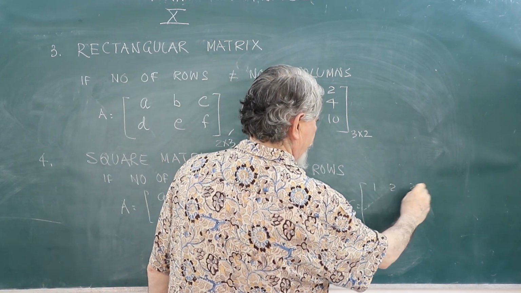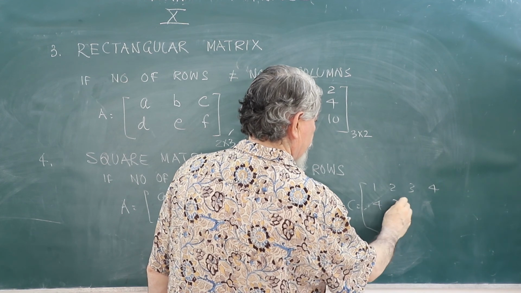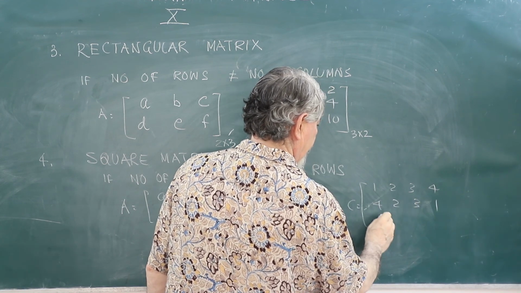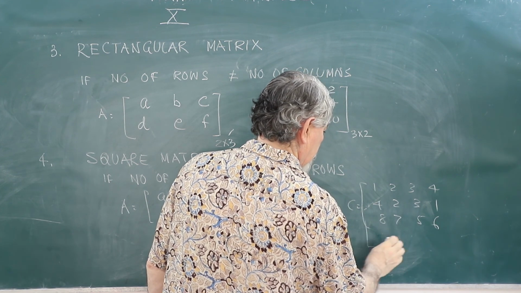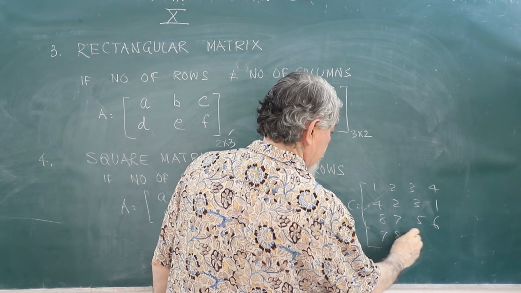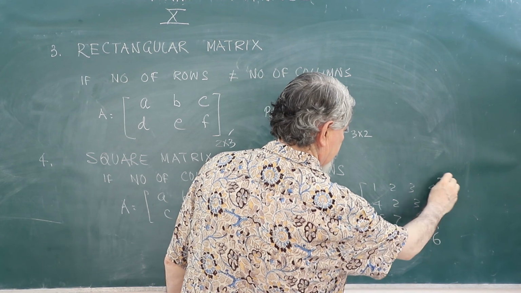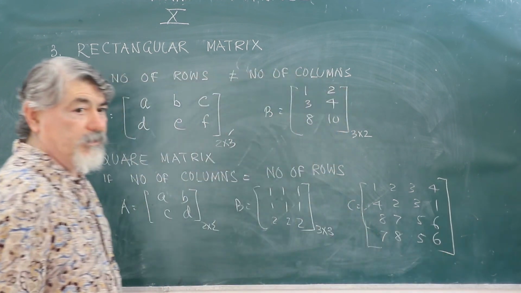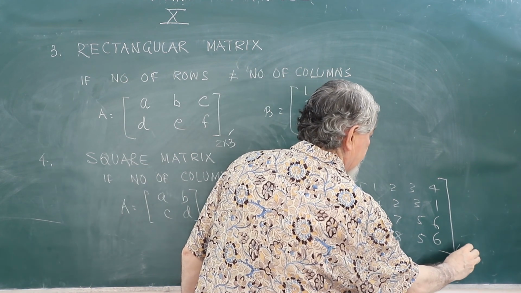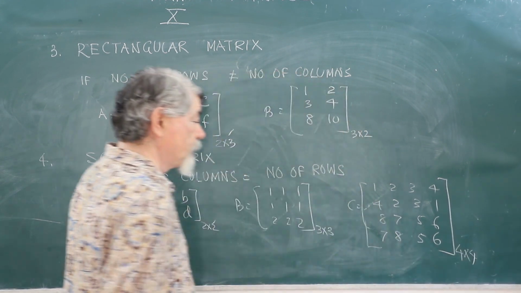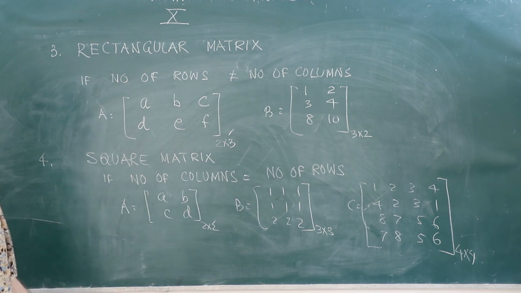1, 2, 3, 4. 4, 2, 3, 1. 8, 7, 5, 6. And 7, 8, 5, 6. It is 4 by 4. This matrix is of the order 4 by 4. 16 elements will be there.